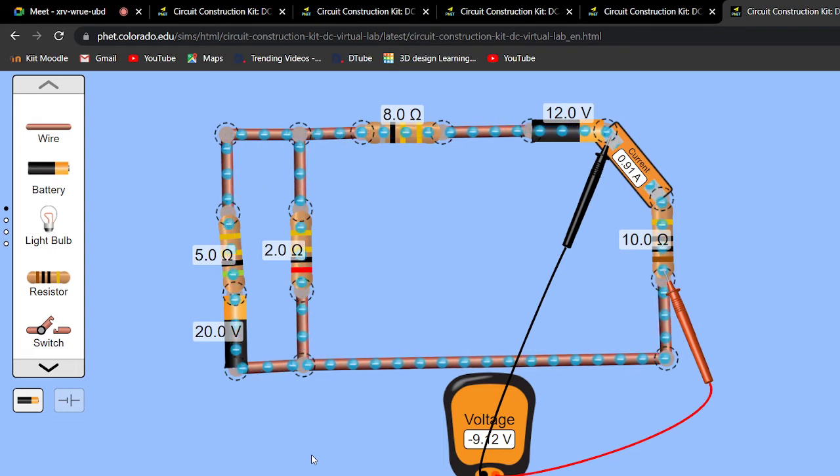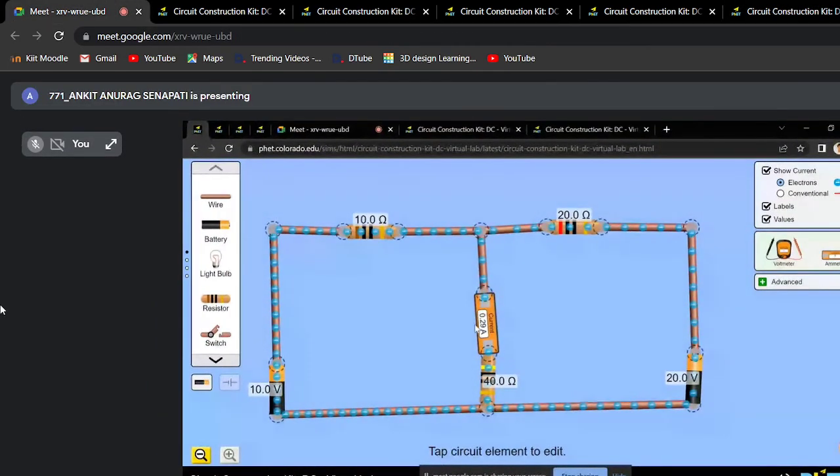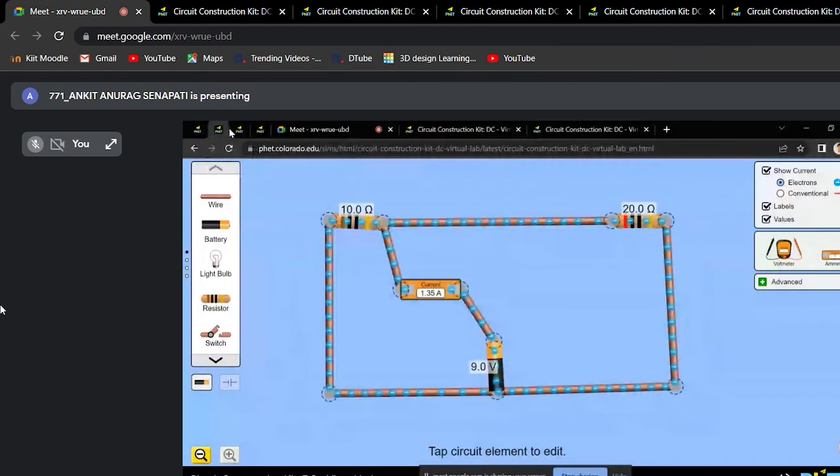No, no. Click the tab. Enter screen. And now? Yes, now it is coming. Yes, ma'am. This is the first one. 0.29 ampere. No, no. This is the first circuit.